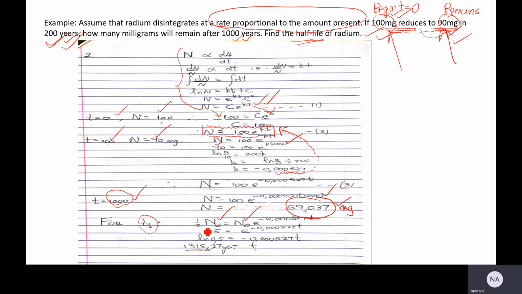The N0s cancel off. A half is 0.5. Introduce ln, and I get 1,315.27 years. And there you go.